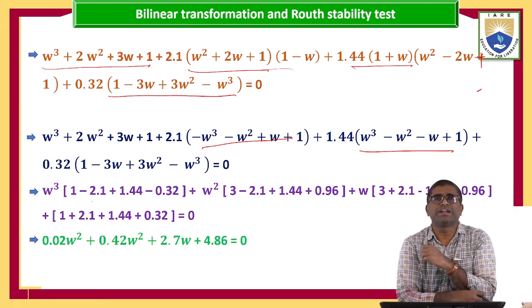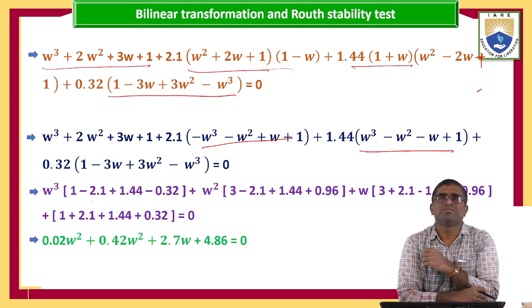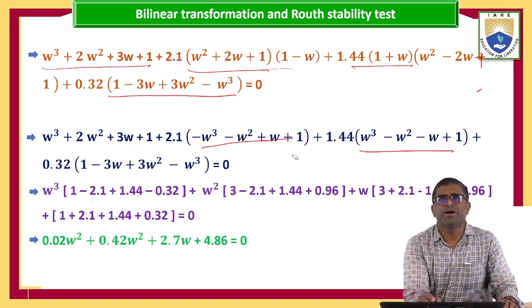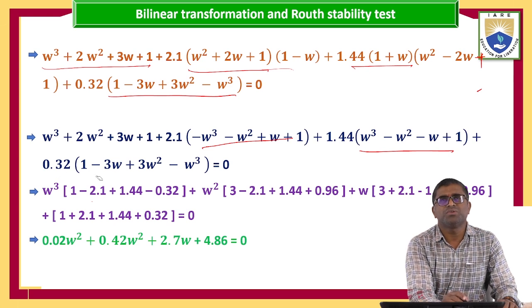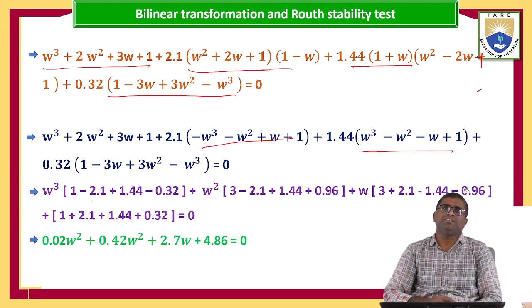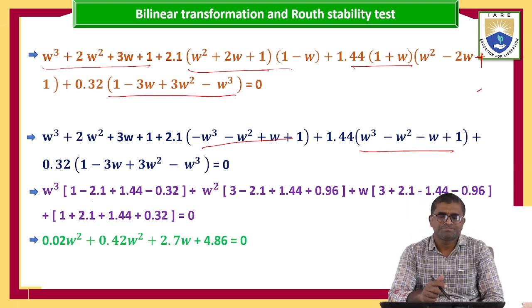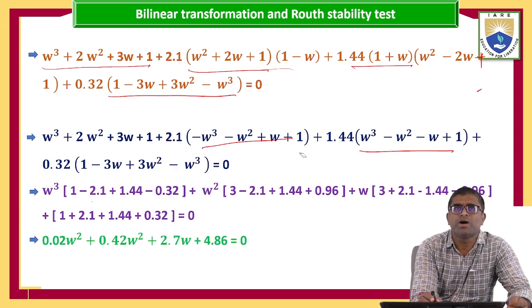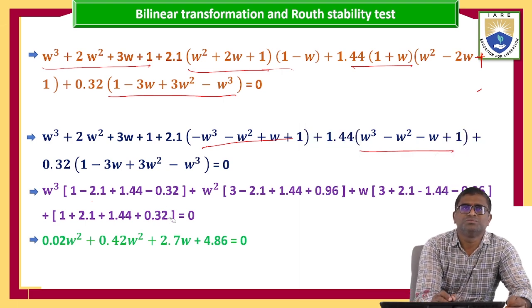After that, the omega term: 3 in the first one, then 2.1, then minus 1.44, and minus 0.32 into 3, 0.96. Plus constant terms, that is 1, and 2.1 and 1.44 and 0.32.